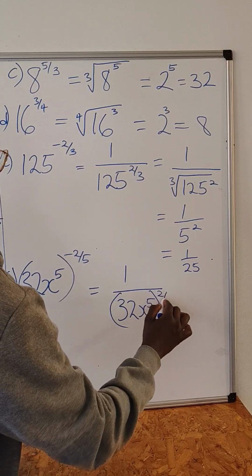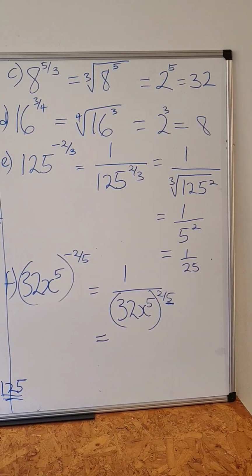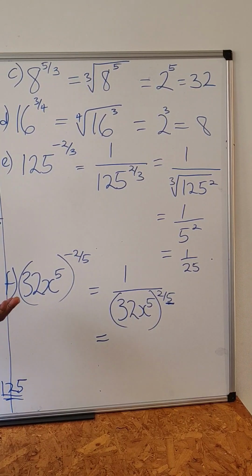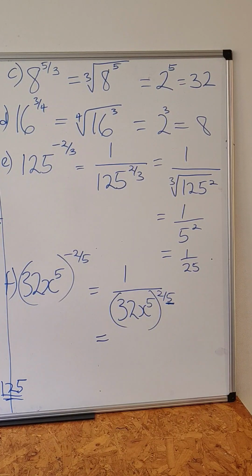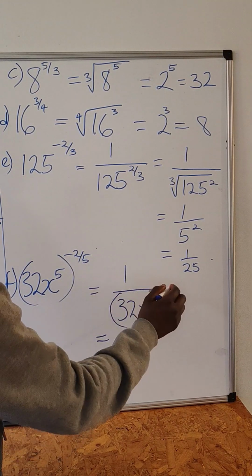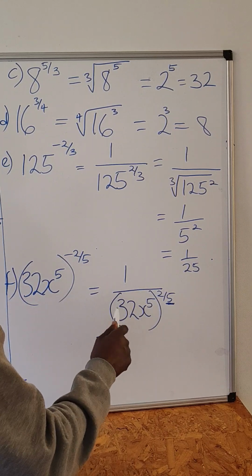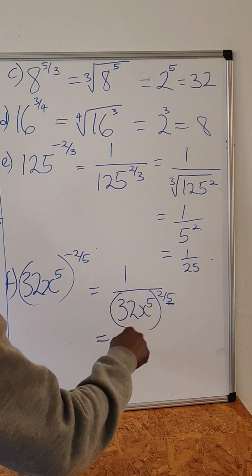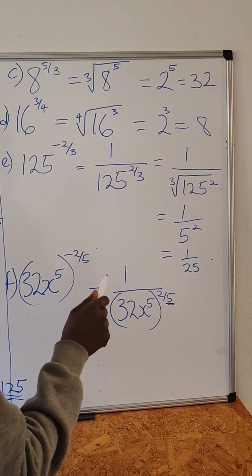For this particular question, we're going to use the negative power law and the root law. So let's first use the negative power law. It will make it 1 divided by 32x raised to power 5, everything raised to power 2 divided by 5.